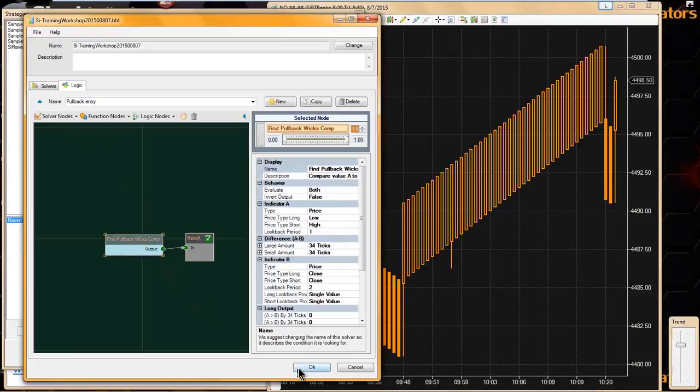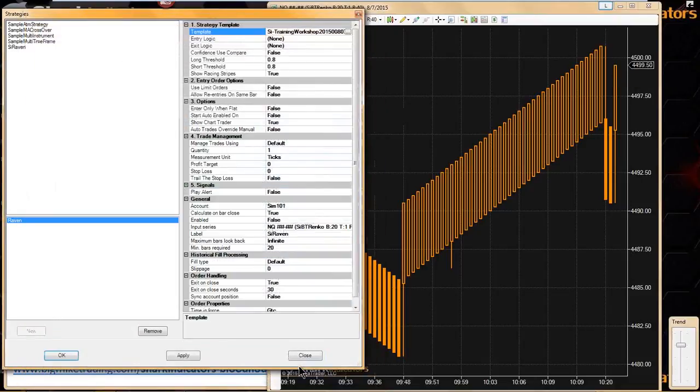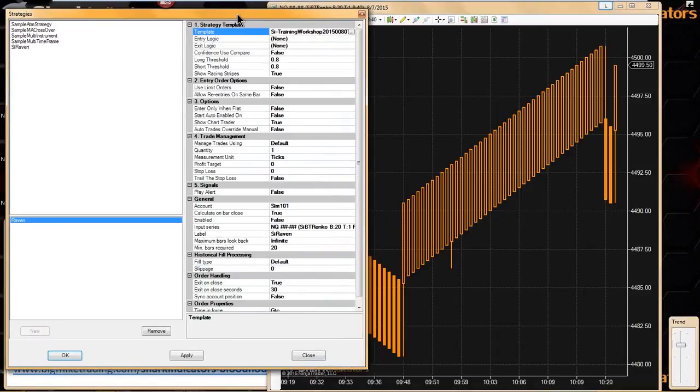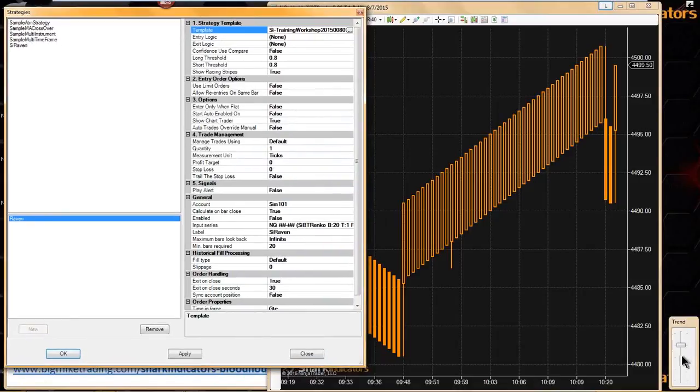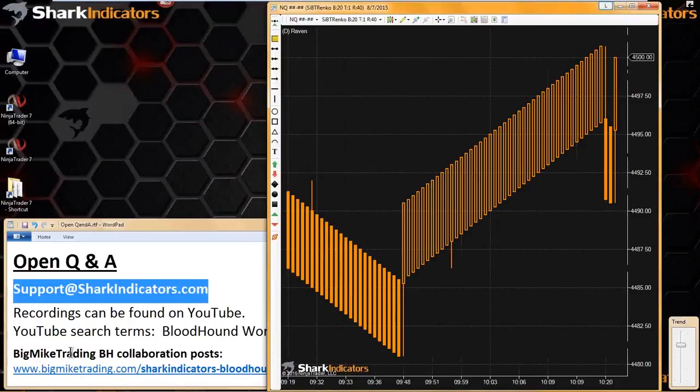It looks good, so I'm just going to click OK. And now we're back to the strategy window. Now let me see if I can change my trend. Oh, I need to close out the strategy window because I don't want price to keep moving up and reversing on me yet. So let me pull price back down so I don't lose this trade.